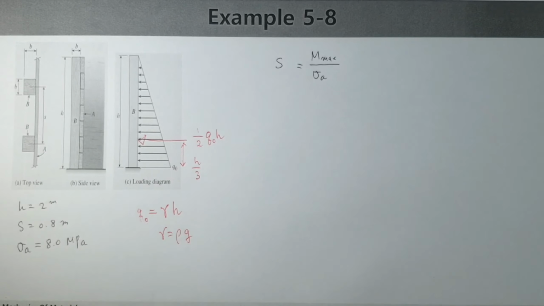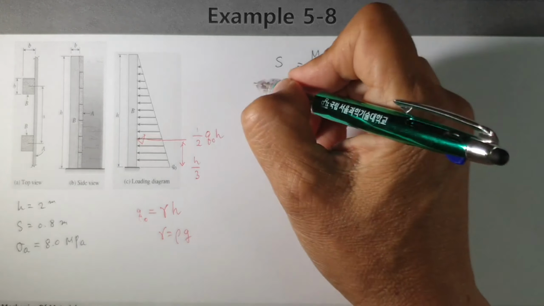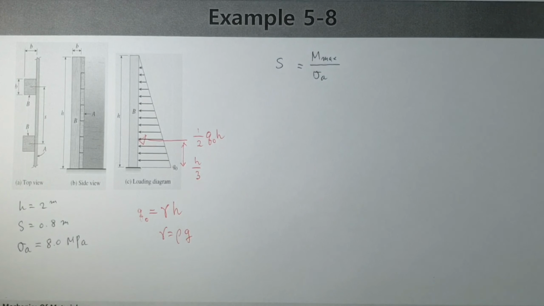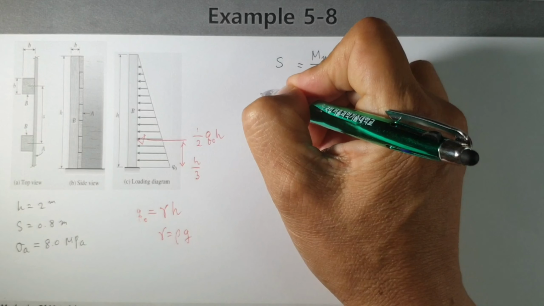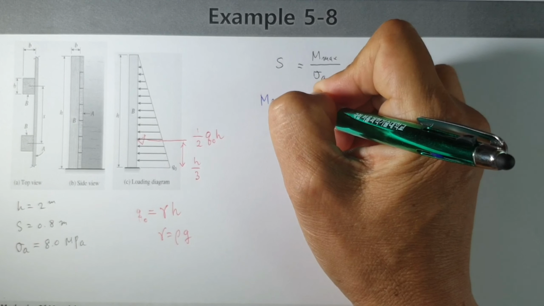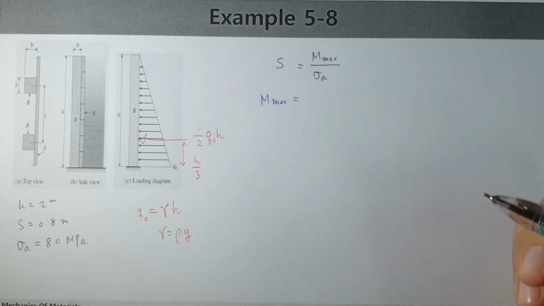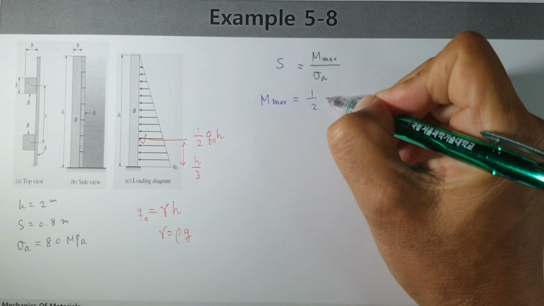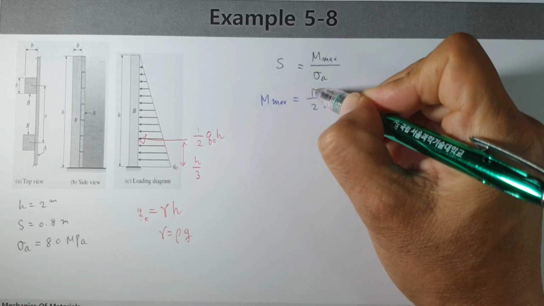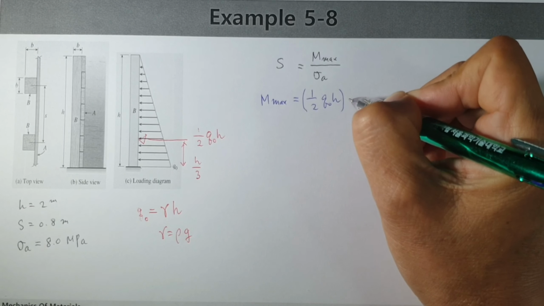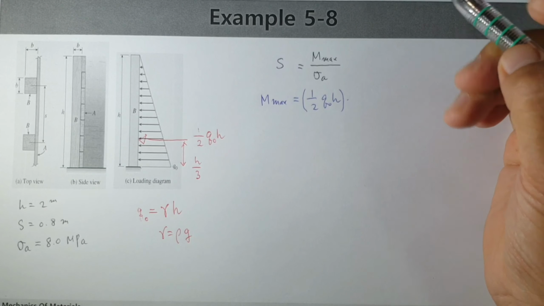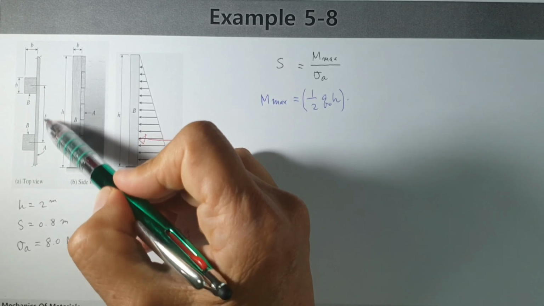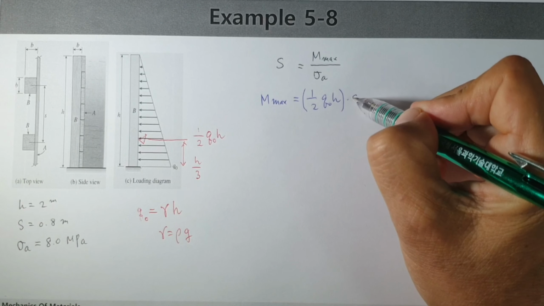1/3 H, 1/3 H, 1/3 H. Then we can calculate the maximum bending moment. And this force, 1/2 Q0 H, is multiplied by this distance S. S is considered.